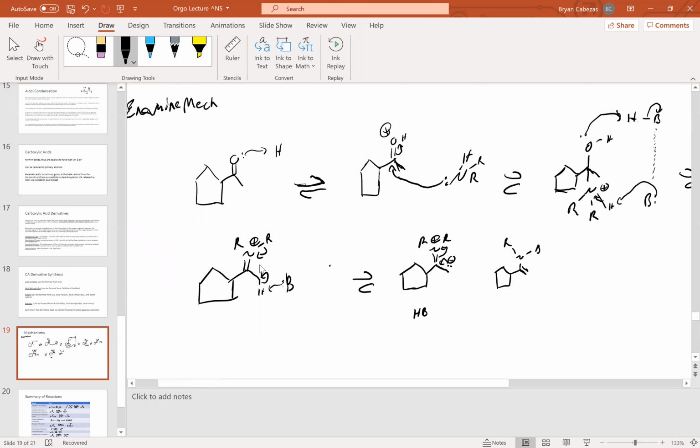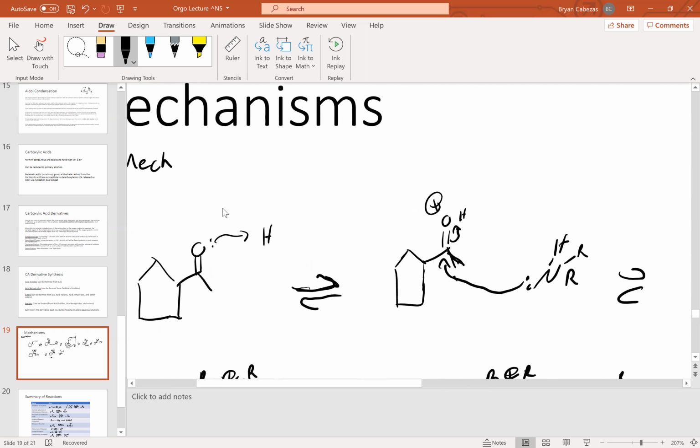So let's run through this mechanism. First we have our ketone. We're going to protonate it, and I just want to make sure you guys see this again. If we had a ketone like this, as we mentioned before, due to this double bond moving up here, the carbonyl carbon is going to have a positive charge, right?